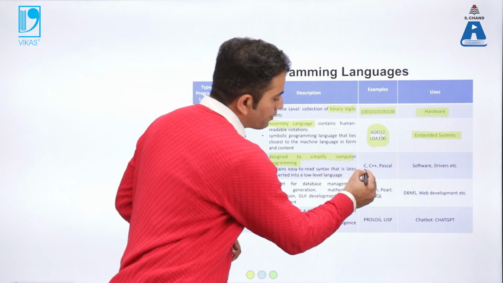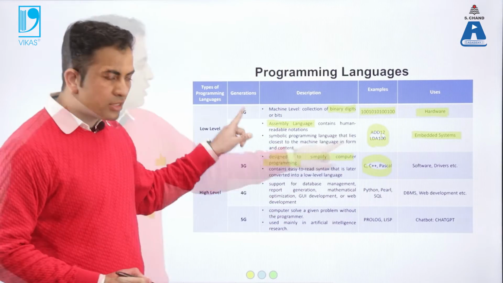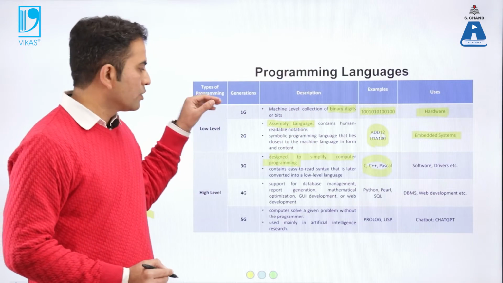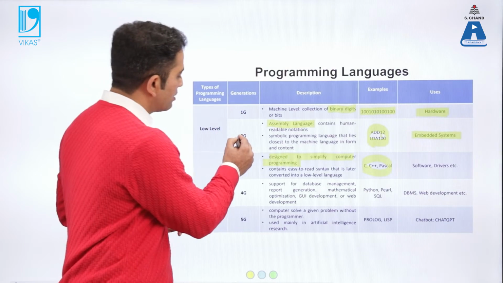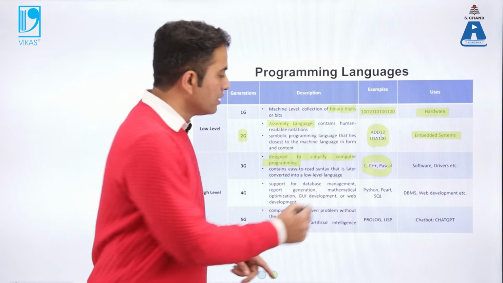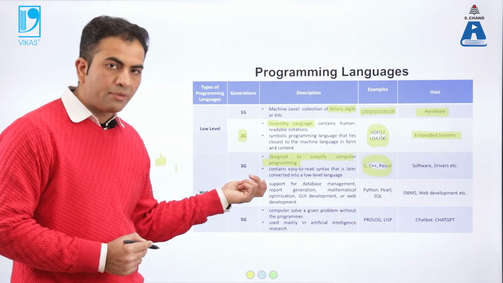Okay, these types of programming languages were involved in the 1970s. First generation programming was in the 1940s and early 1950s, and in the mid 1950s the second generation programming language came, and in the 1970s the middle level language or third generation programming language came.